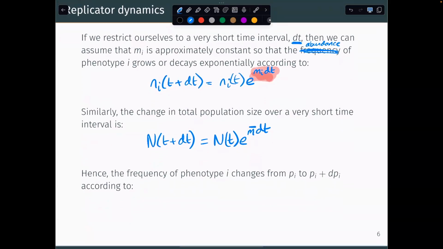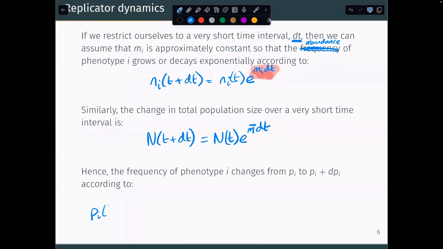If we want to work out the frequency of phenotype i going from, again, this time window, pi to pi plus dpi, then pi at time t plus dt is just pi at time t plus dpi. So dpi is just the amount that the frequency is changing in this window. Well, we just need to look at what is the frequency at the end of this window. So that's ni of t plus dt, and we've got that written above.